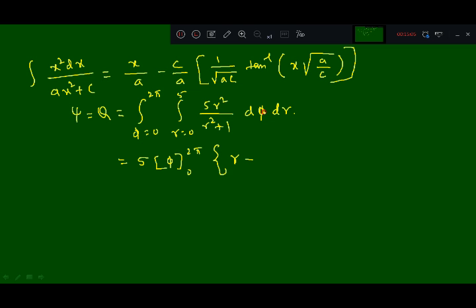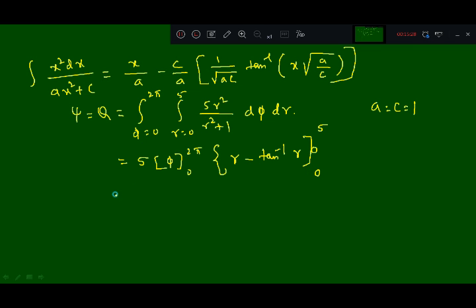A and C are both 1, so the equation reduces to tan inverse r from 0 to 5.